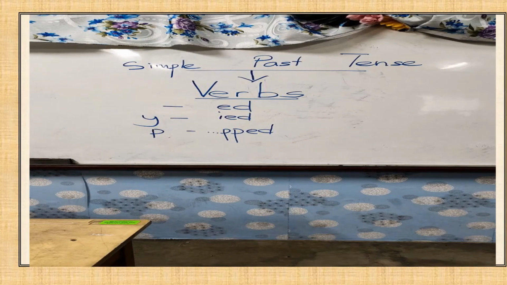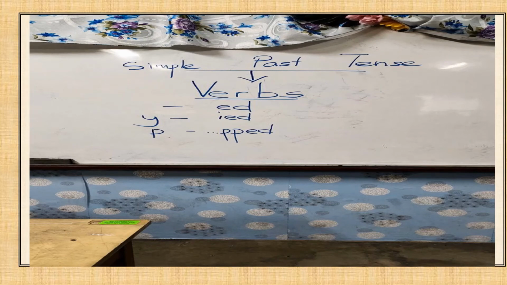So actually, you have learned that there are verbs that you need to add ed, and sometimes you need to add ied, and also that today is the letter P. I just focus on a few words where you need to add another P and then you add ed.